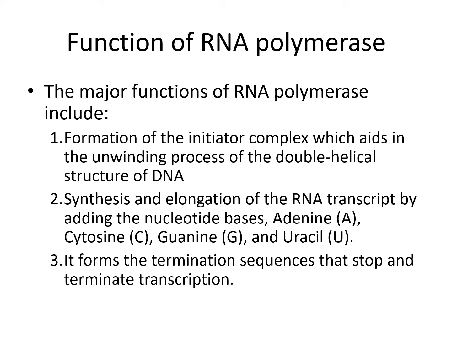Number two, it synthesizes and elongates the RNA transcript by adding nucleotide bases, which are either adenine, cytosine, guanine, or uracil. Also, it forms the termination sequences that stop and terminate the transcription.